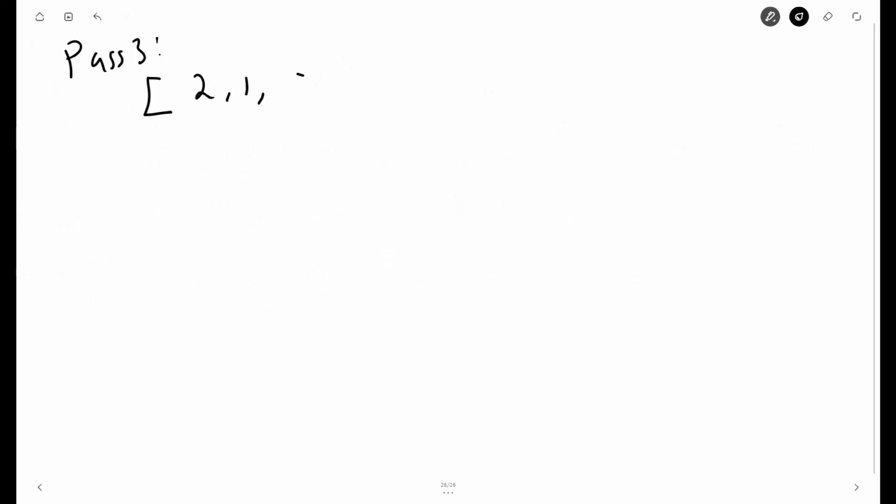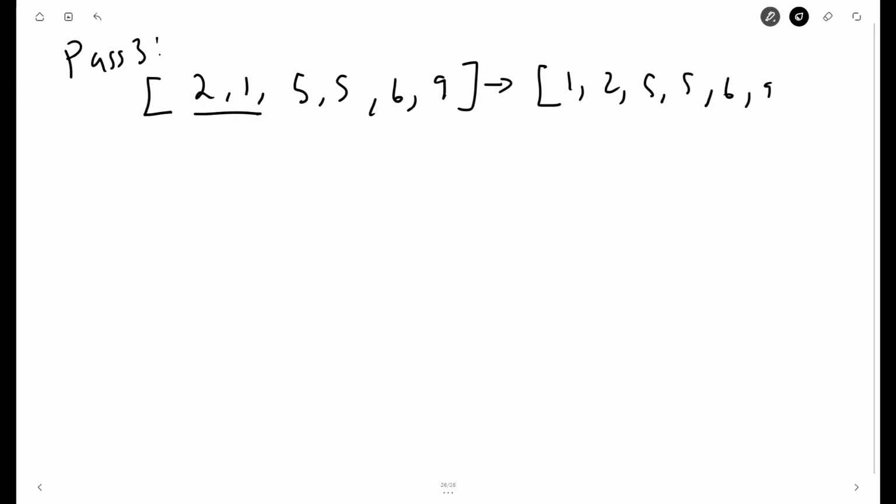We concentrate on the first two. We need a swap there, so we get 1, 2, 5, 5, 6, 9.